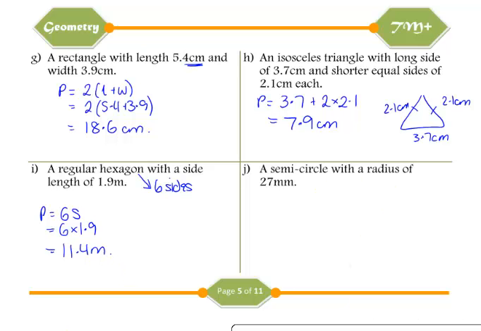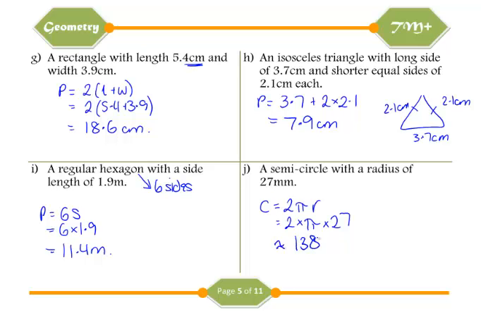A semicircle with radius of 27 millimetres, well, my circumference is 2 pi r, so 2 times pi times 27, and that gives me, again, it's approximately 138.8 millimetres.